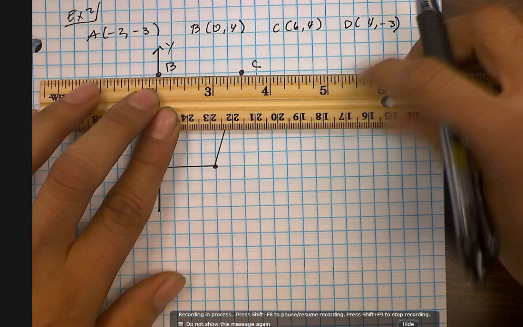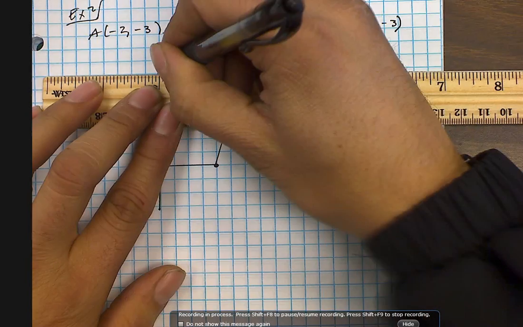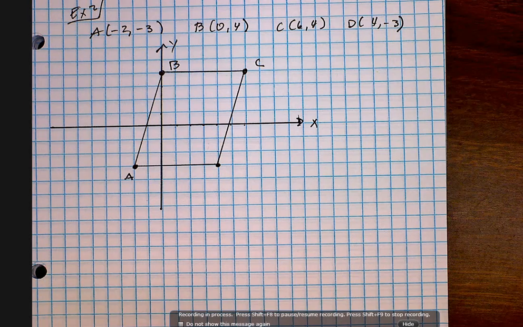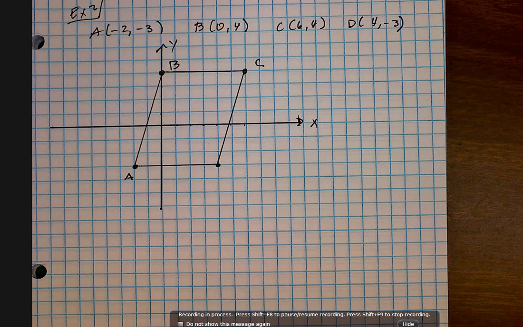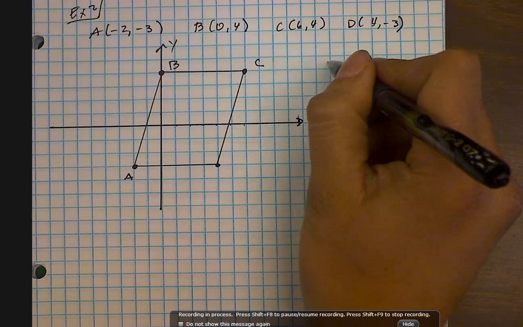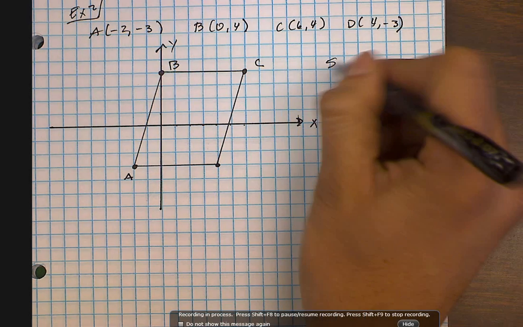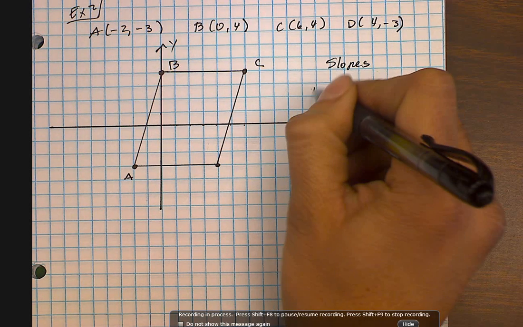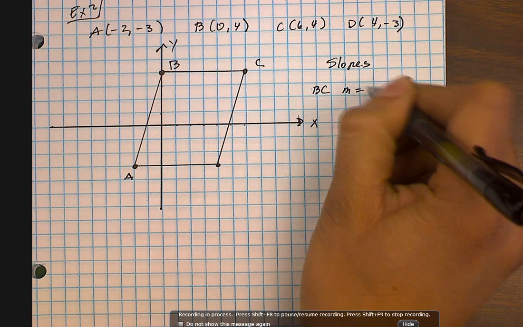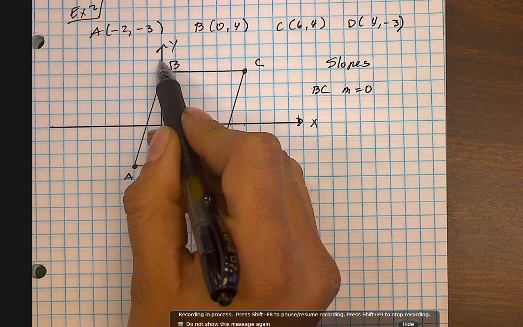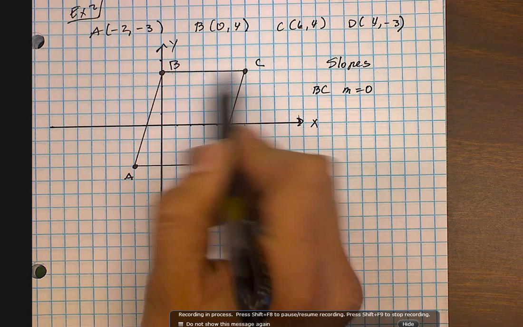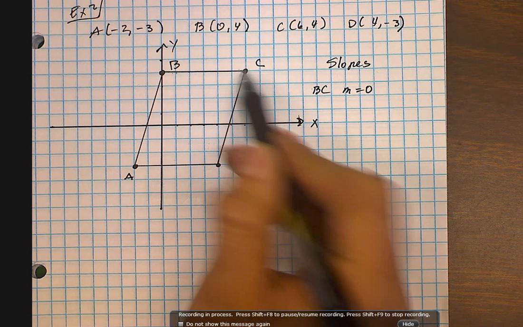So same as the other one, it looks like a parallelogram, but it might also be a rhombus, right? So what we need to do is, first, let's find the slopes. So the slope of BC is going to be again 0 because you don't go anything up. So it's 0 over your run, which is 1, 2, 3, 4, 5, 6. So 0 over 6 is 0.